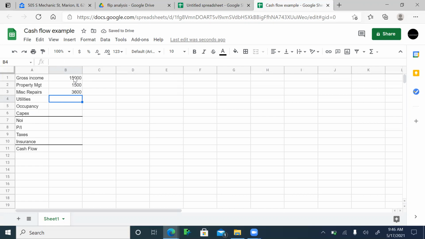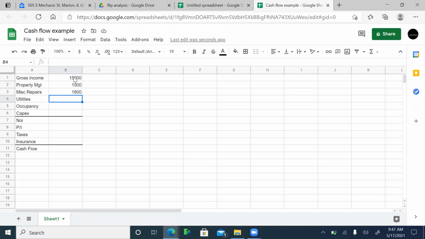It's pretty normal to see in a property. I'm going to say that it is $150 a month because that's typically what I see. $3,600 a year is what I see for my fourplexes. So I'm going to cut that in half and say that it's 150 times 12. That's typically what you'd see on a duplex. I don't own any duplexes right now. I just own fourplexes. So not the best at valuing that, but I would assume that it's half the cost.